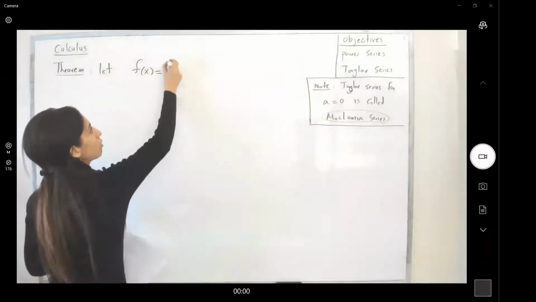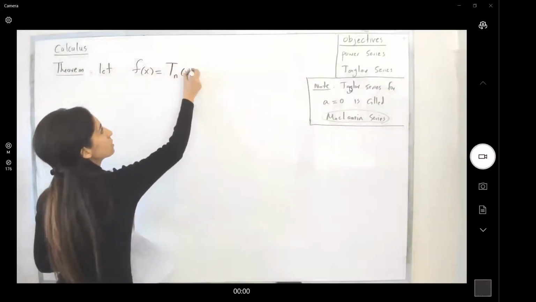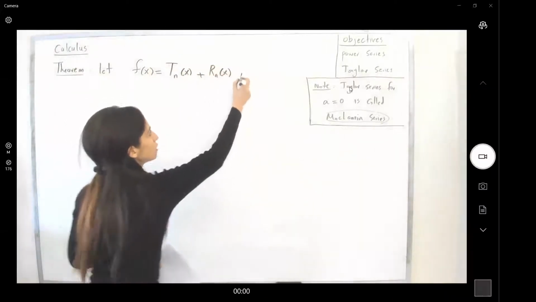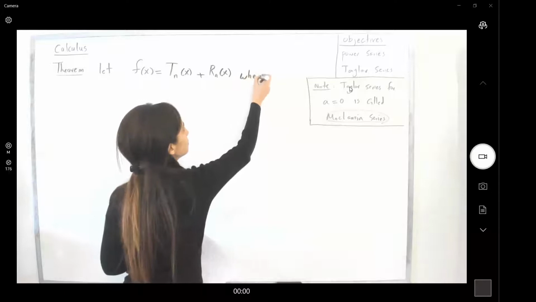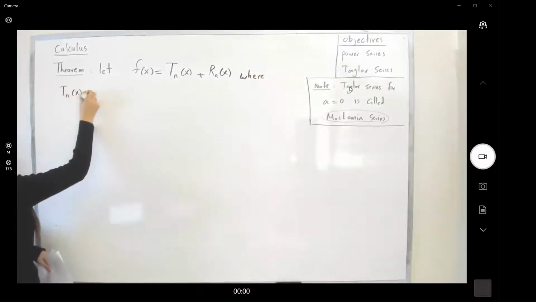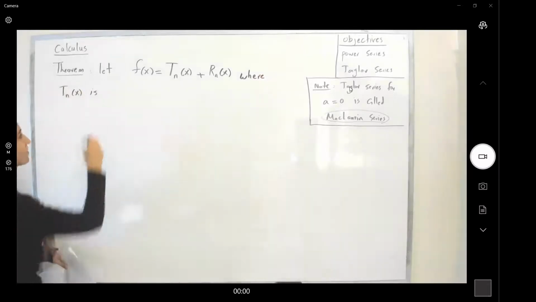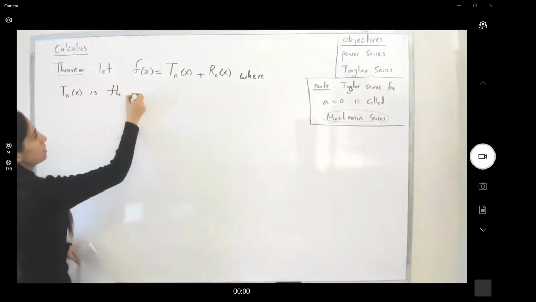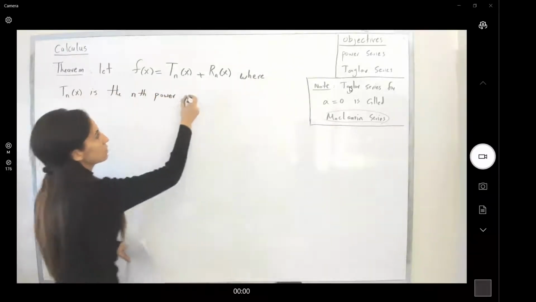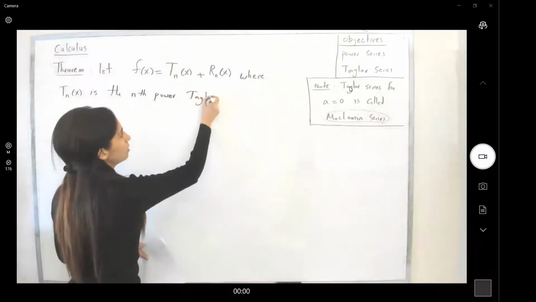So this is equal to Tn of x plus Rn of x, where Tn of x is the nth degree Taylor polynomial.